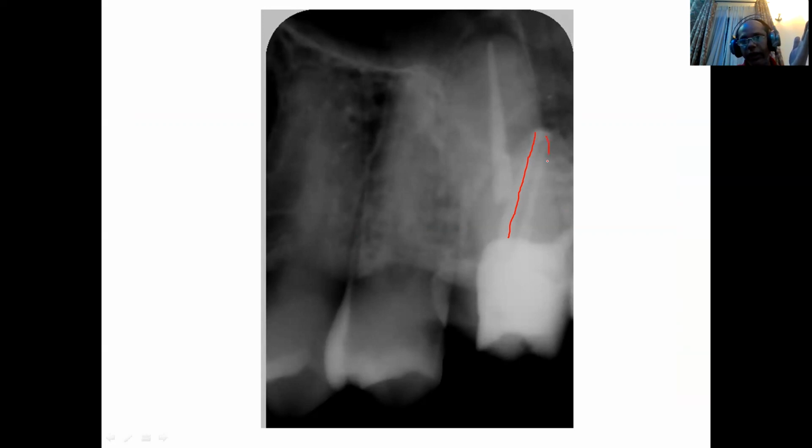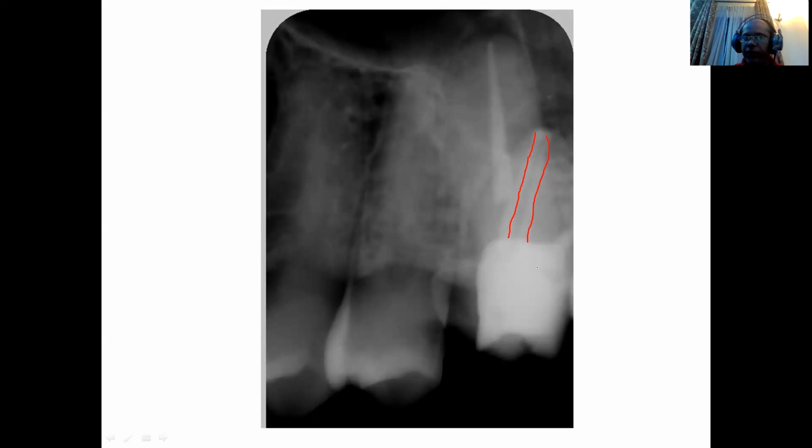So these canals are filled properly, and the coronal restoration was done again, and the patient became relieved from the symptoms. This is what I wanted to highlight here: the importance of the MB2 canal in terms of the failure and the success of root canal treatment.